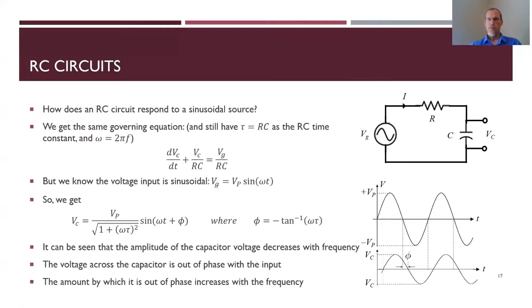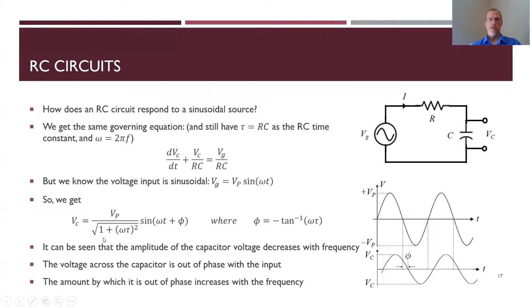So essentially what happens, I have my power source. The power source goes from peak voltage to negative peak voltage. Then the voltage across the capacitor will be lowered by a certain amount. That certain amount is this factor on the bottom, the square root of 1 plus omega tau squared.